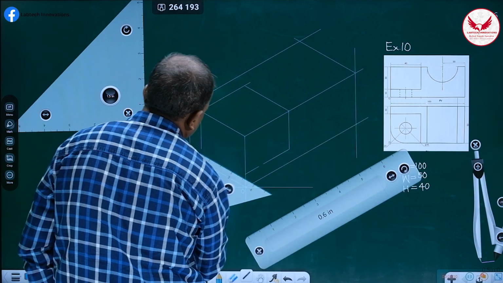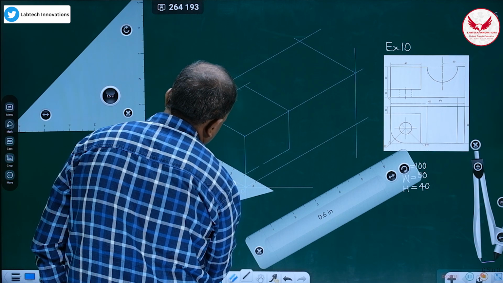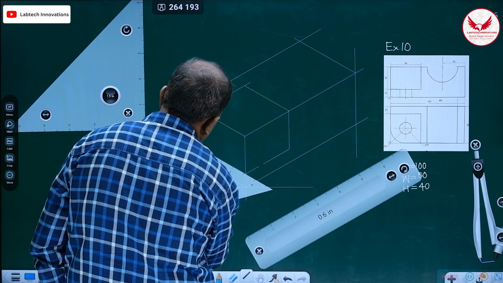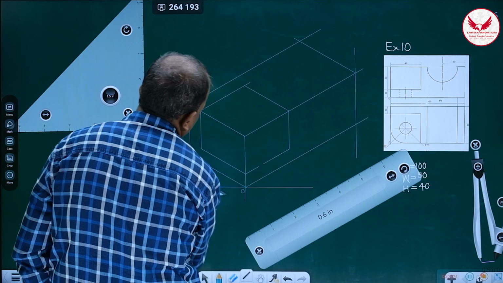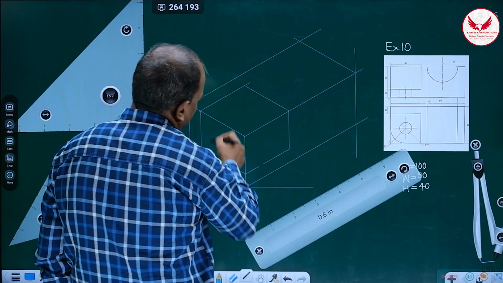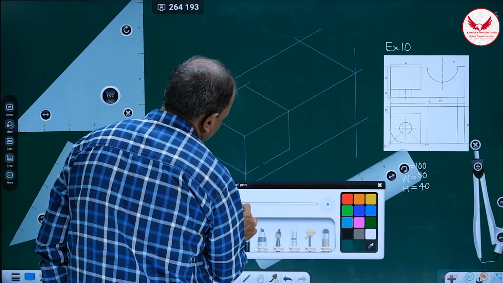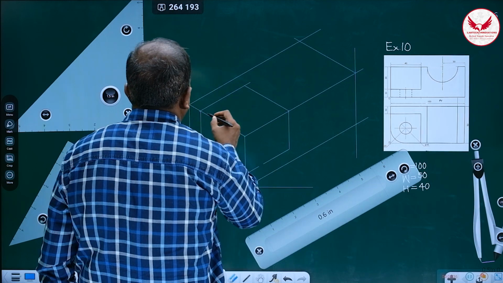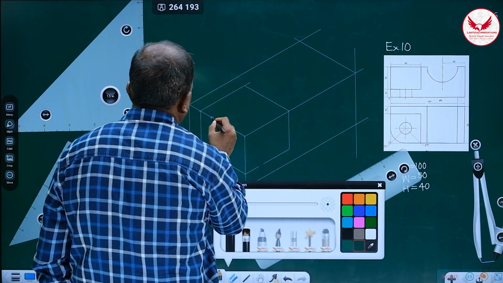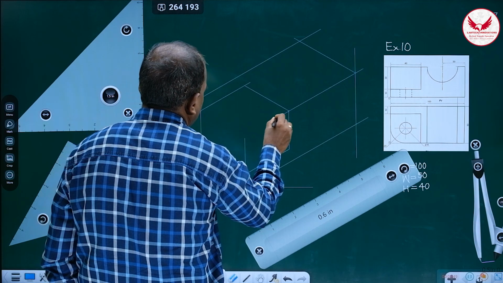Like this. Anyway it is going to be a light line, up to this. Whatever part is there, that we have to remove. And how can we remove? Like this, these 3 lines.